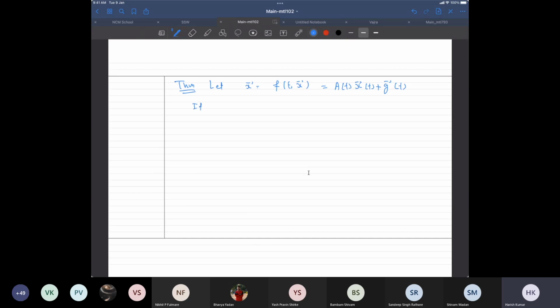Now, if x naught is some vector in Rn, then there exists a unique solution to the IVP.